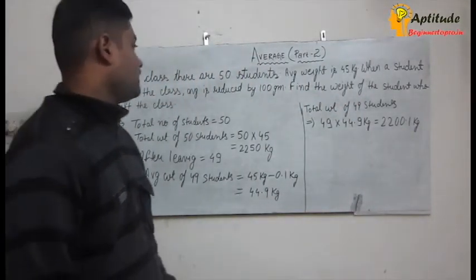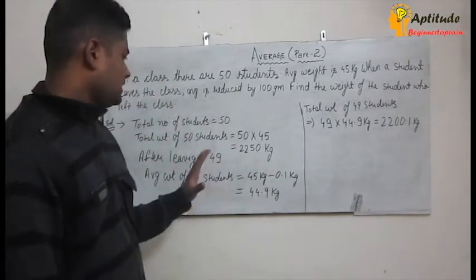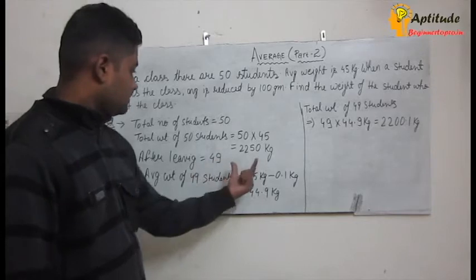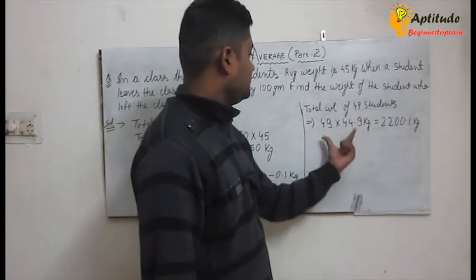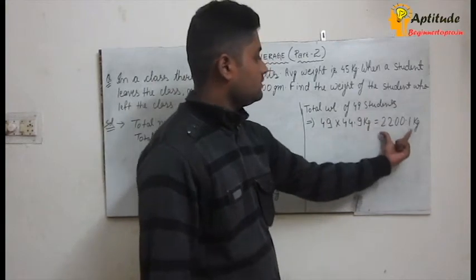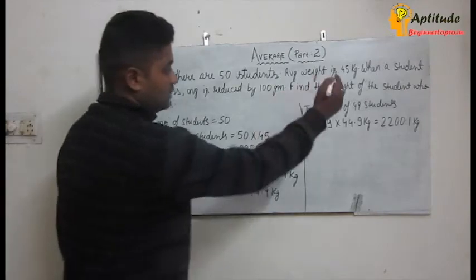Now we need to find the weight of the student who left the class. So simply by subtracting, means total weight of 50 students minus total weight of 49 students, we can get the weight of that student who left the class.